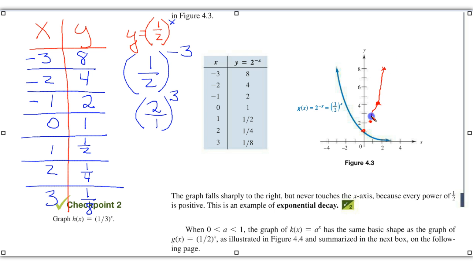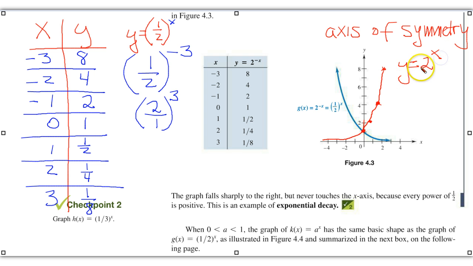So if we make this curve, and it went down like so, we now have what is called an axis of symmetry, where on either side, this was y equals 2 to the x power.